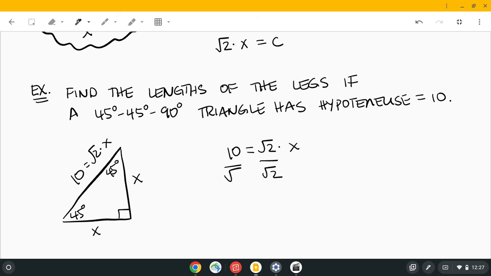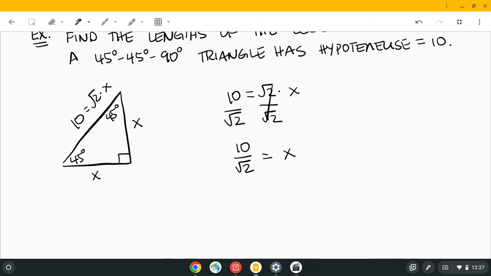So that's your equation. 10 equals square root 2 times x, solve for x. Divide both sides by square root 2, and you get 10 over square root 2 equals x. Okay? Rationalize the denominator. So you have to multiply by 1 in the form of square root 2 over 2.